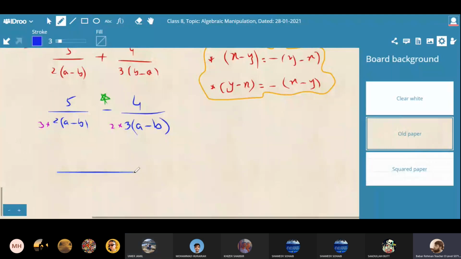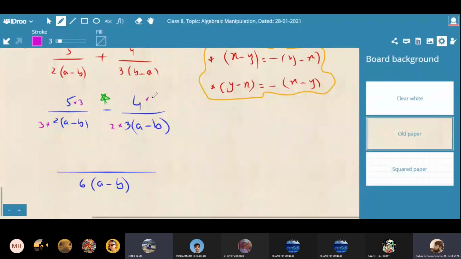Now, what is the LCM? 2, 3, sir, 6. 6(a minus b). Yes. Now the denominators are the same, so this will be the same LCM. 5 times 3.